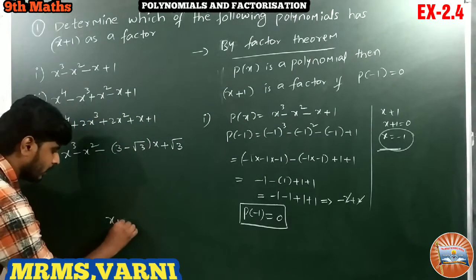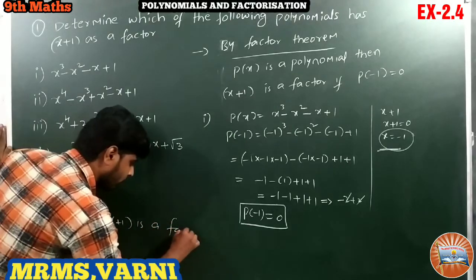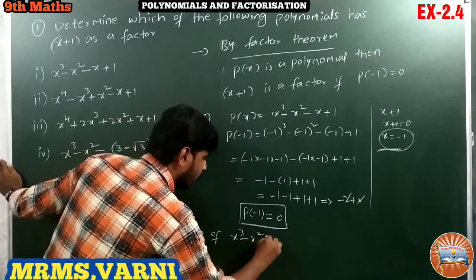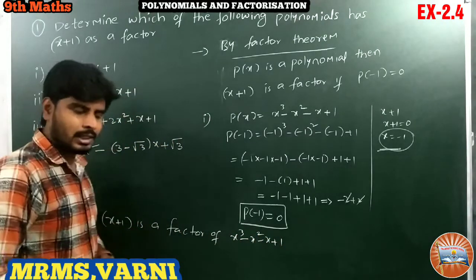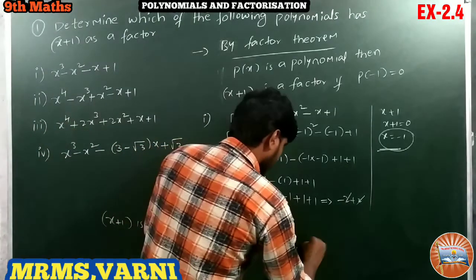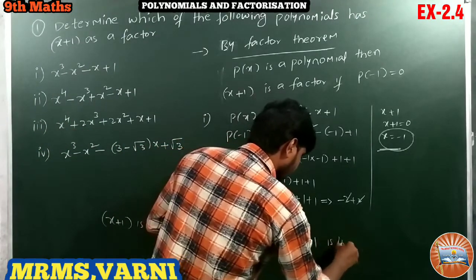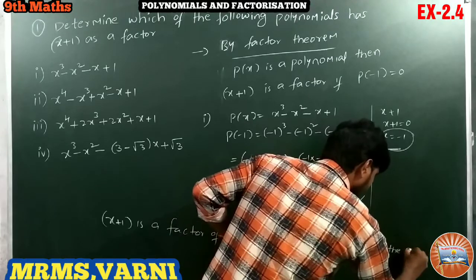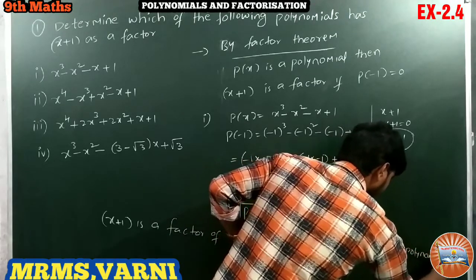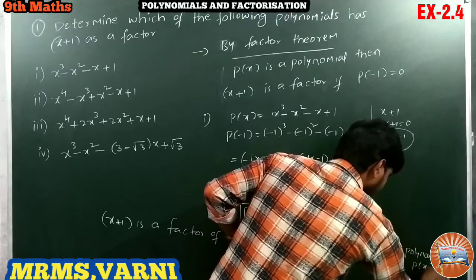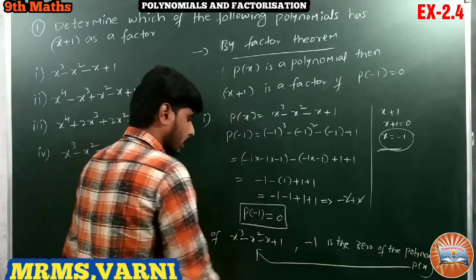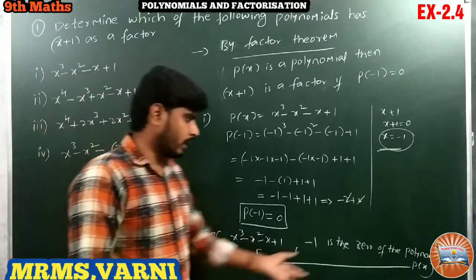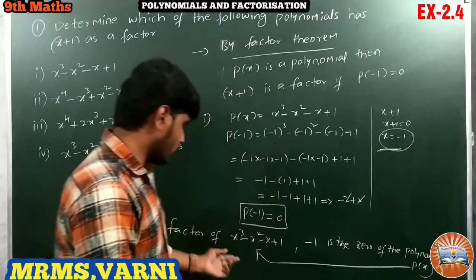So x plus 1 is a factor of x cube minus x square minus x plus 1, as well as this minus 1 is the 0 of the polynomial p of x, which is nothing but this polynomial. Here they ask this one only, so no need to write this. Okay, right, enough for this one.